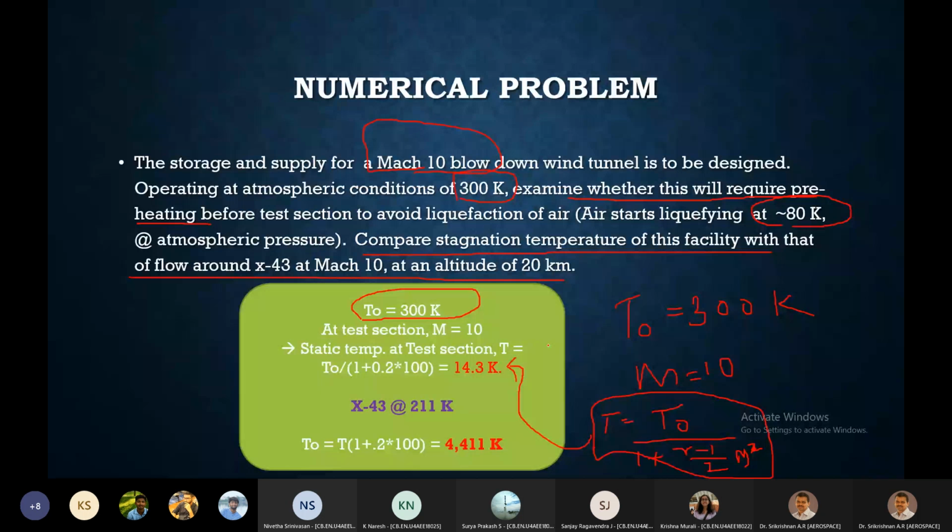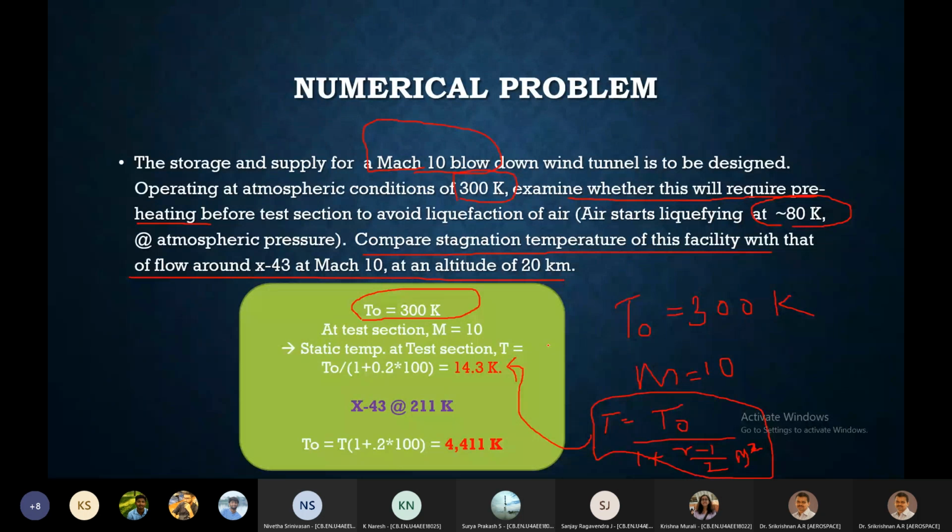So usually such facilities will have an air preheater, if the facility has to handle such high Mach numbers. That adds to the complexity of the test facility.